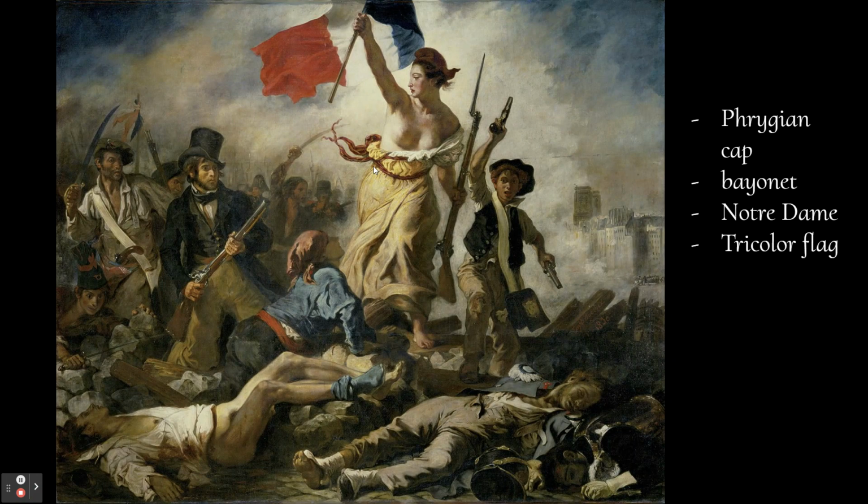So she's giant. If they were all on the same level, she would be a lot bigger than the other people in the painting. And she's wearing a yellow dress that has fallen down. Her bare breasts are definitely a classical reference. When we have seen nude women like this, they're often Venuses.